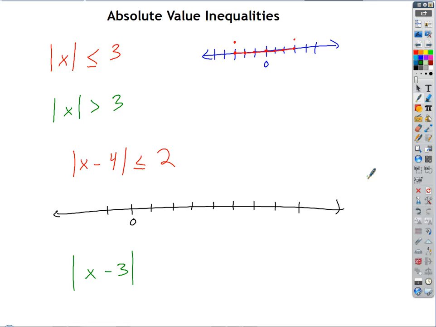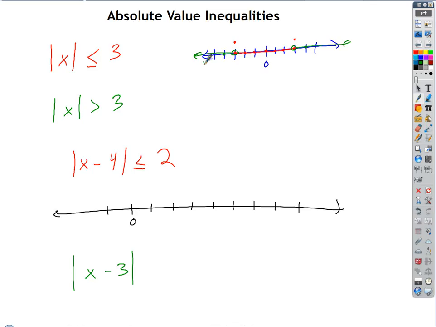So would, for example, give me a point that would work. 4. 4 would work, right? So we could put a point there, negative 4, right? Would 2 work? No. It's just going to end up being all of the points, in this case, that are further away from the origin, or from 0, than 3, right?